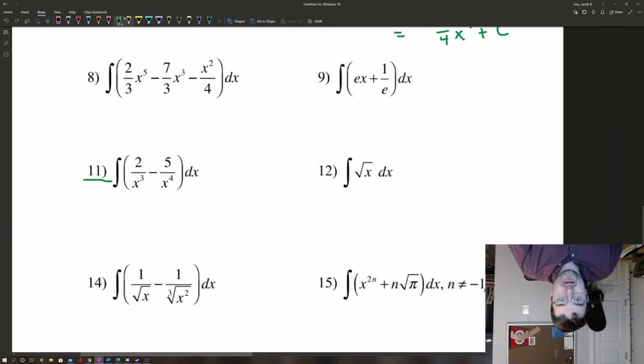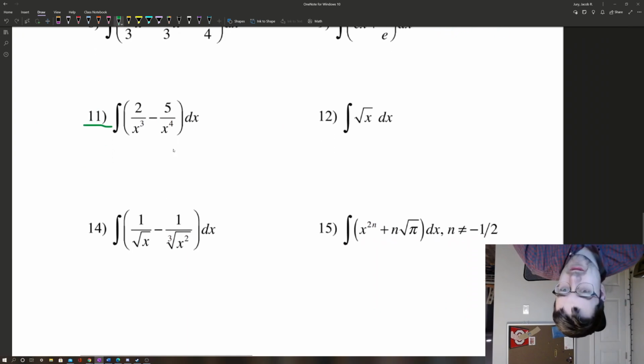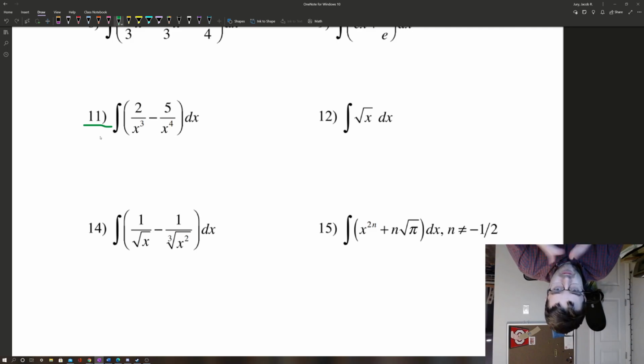Okay, now 11 is not so bad. It's still using the reverse power rule. You can separate these integrals. We can separate 2 over x cubed and 5 over x to the 4th as 2 separate integrals.